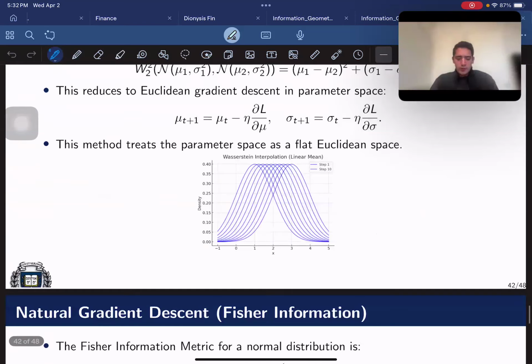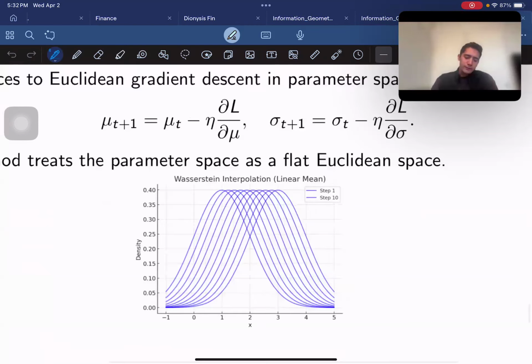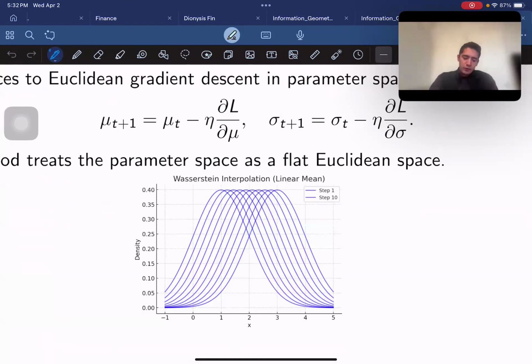As we saw, the intermediate distributions resulting from normal gradient descent would be as sketched here. So if we want to optimize from this to the resulting distribution, the trajectory of the distribution we're observing is as follows.